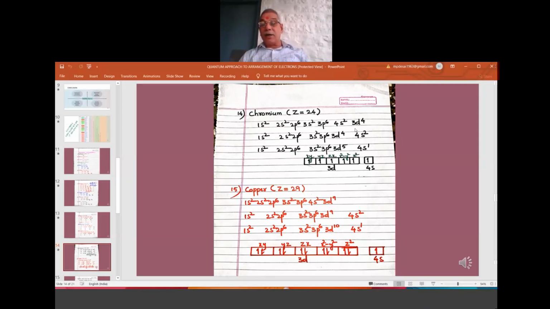Now please concentrate on this chromium part, which is very important from the exam point and from the knowledge point also. See what I wrote here. The second one I have arranged according to KLMN. So K is 1s2, L is 2s2, 2p6, M is 3s2, 3p6, 3d is here. So I brought all three to one side and 4s2 at the end.